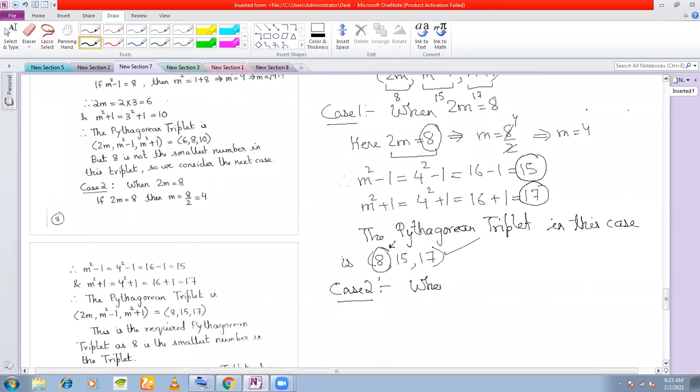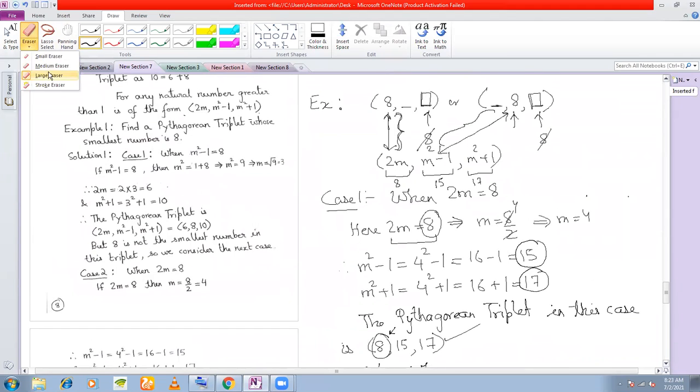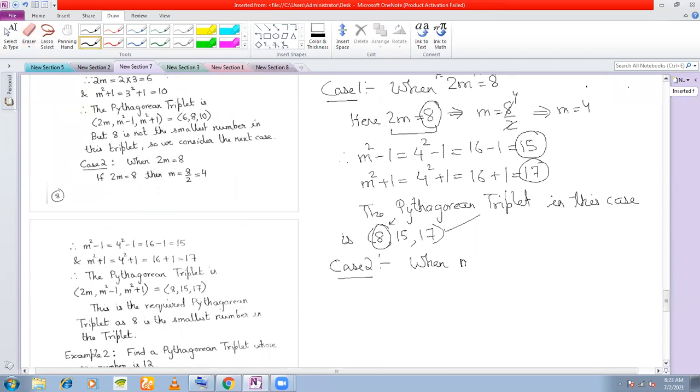This time, suppose this number is 8, right? So when m square minus 1 is equal to 8, you get m square is equal to 8 plus 1.